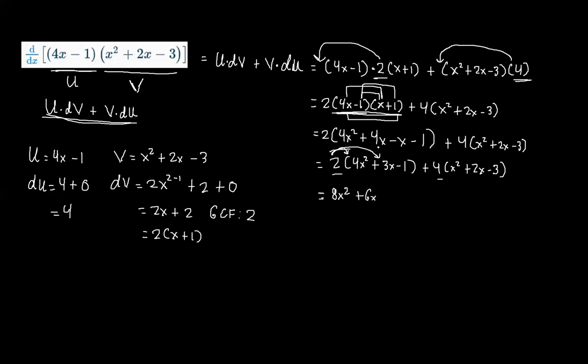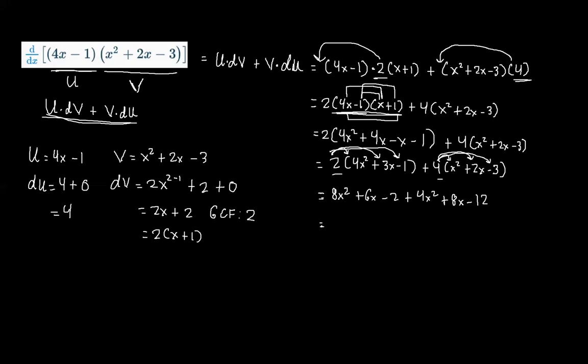And lastly, 2 times negative 1 will give you negative 2. Plus, here, the same thing. 4 times x squared will give you 4x squared. 4 times 2x will give you 8x. And lastly, 4 times negative 3 will give you negative 12. Okay, so now we're done with distributing.